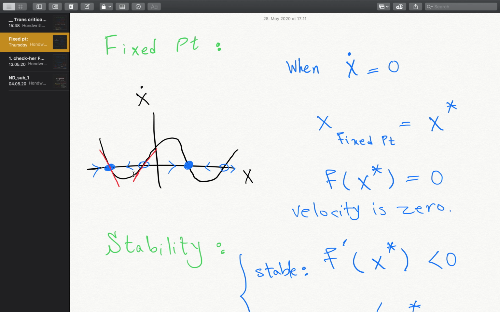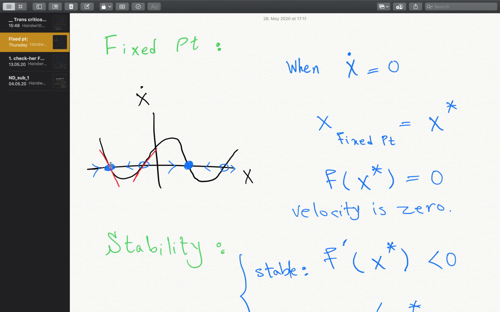And if x dot is negative here, then x is decreasing. Therefore, it is going toward the left. So if it is positive, it goes toward this fixed point, and if it is negative, the state of the system, the x, is also going toward this fixed point, and repelling from this one.